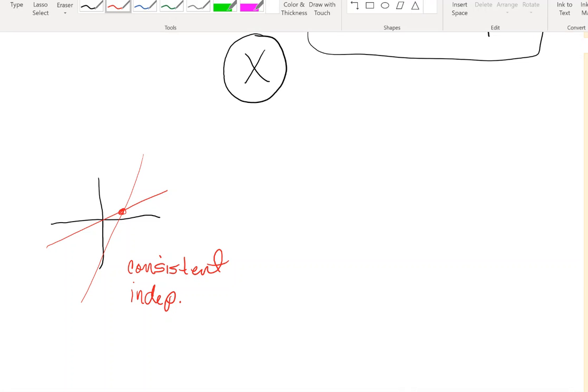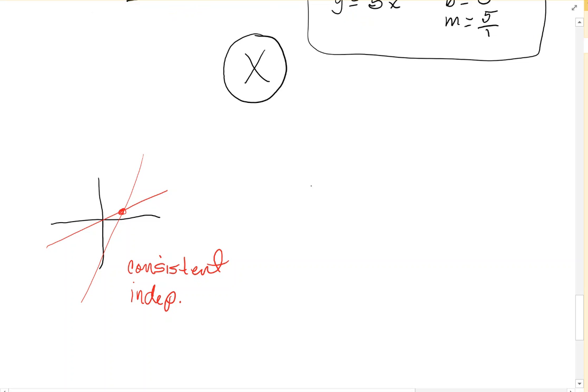Now, you might also get two lines that are actually the same line when you graph them. It didn't happen here, but they might have been disguised a little bit, but they're really the same line. Now, there is a solution. The solution is infinite.